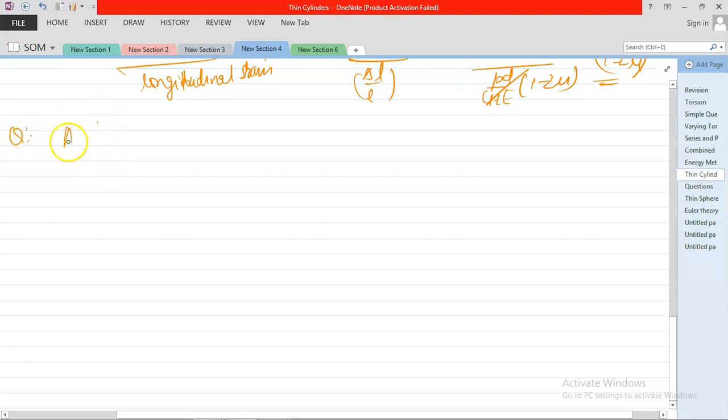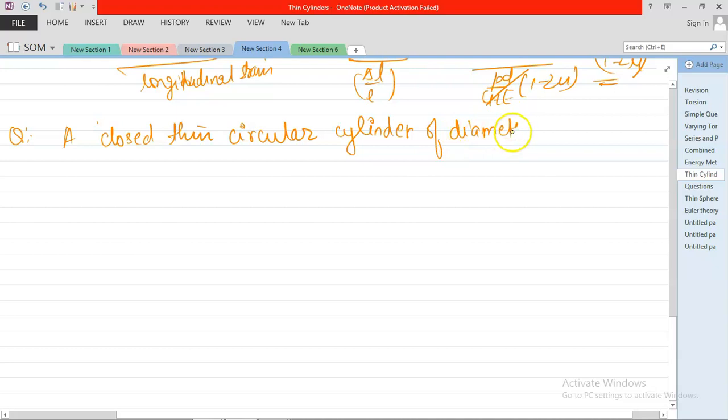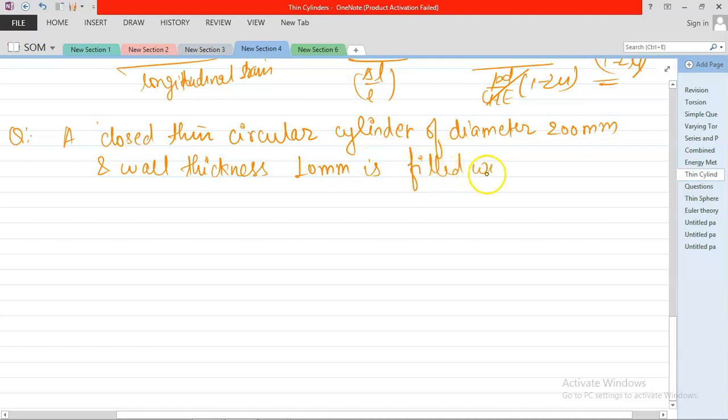It is given a closed thin circular cylinder of diameter 200 mm and wall thickness 10 mm, filled with a gas of pressure 10 megapascal.